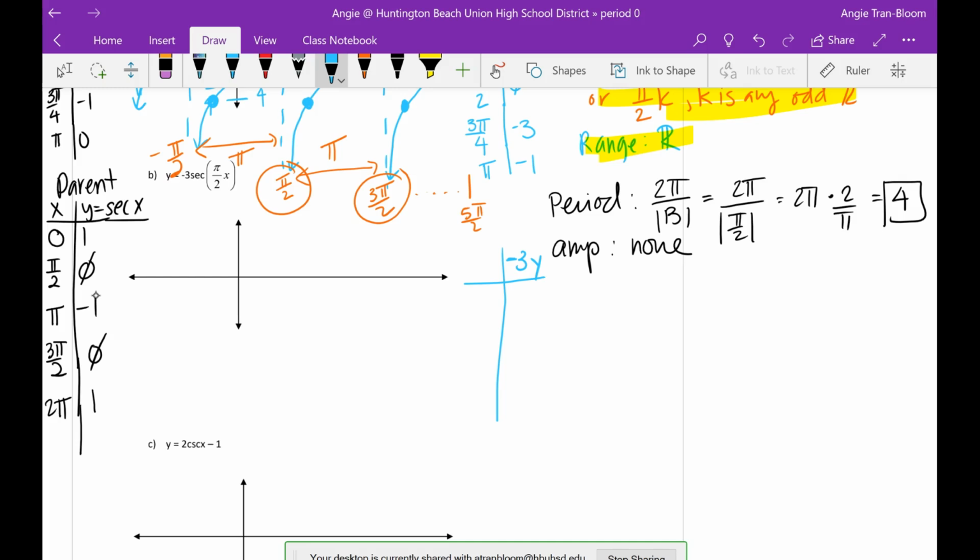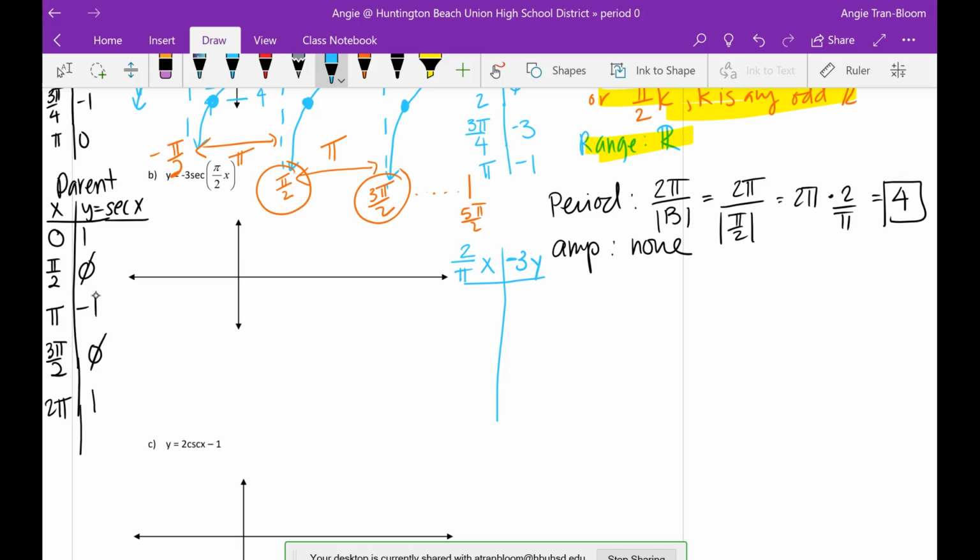What do you want to do with that one, Daniela? The pi over 2? Changing y or changing x? Good. What do you want to do with x? You want to multiply by 2 over pi. Yes, very good. Multiply by 2 over pi times x that way. Perfect. Okay, here we go.